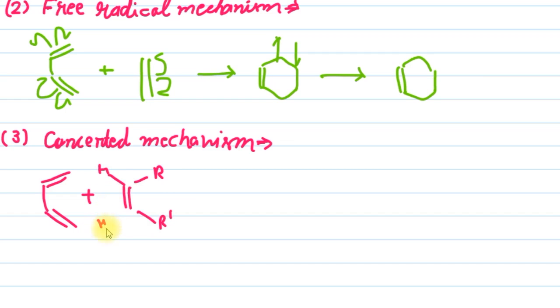This is a cis butene type structure, and the pi electron is attracted here, and it moves toward this, and it is attracted with here, and forms the transition state.